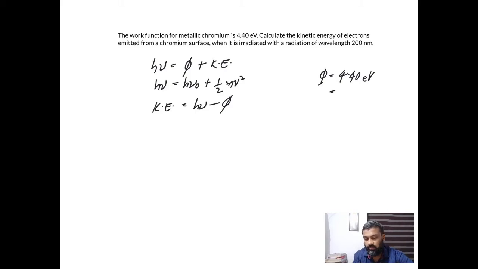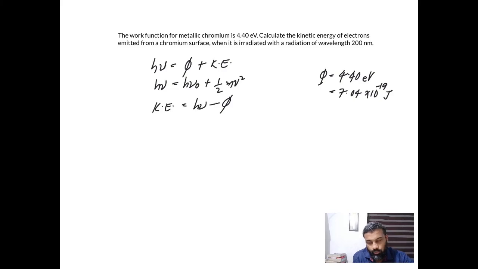For that we need to multiply with the charge of the electron. So 4.4 into 1.6 equal to 7.04 into 10 raised to minus 19 joules. So that is the work function. That is the minimum energy required to eject an electron from this metal by a photon.